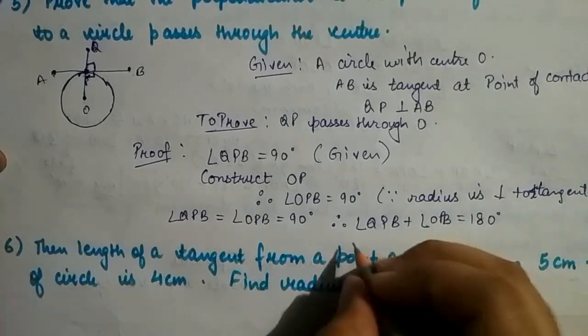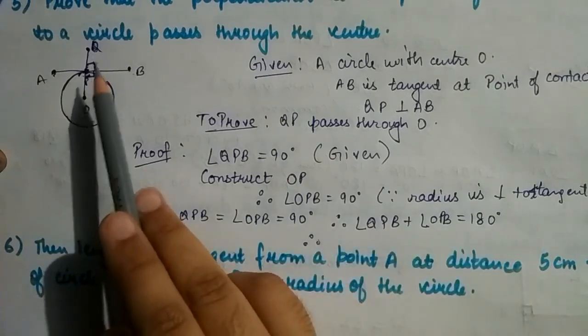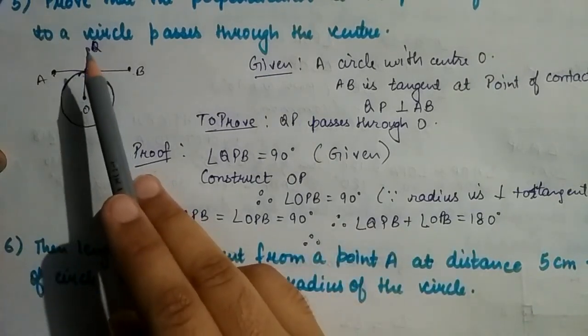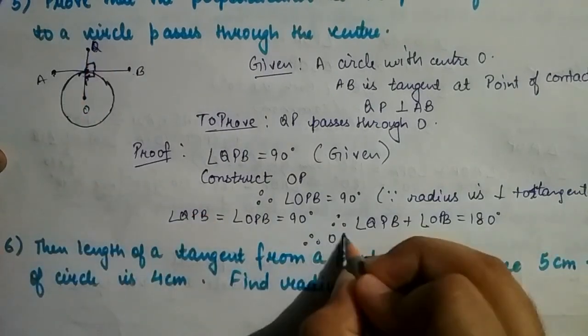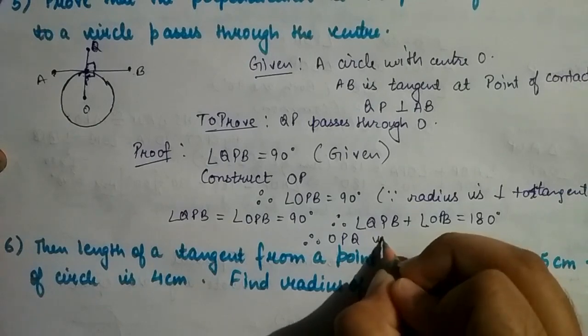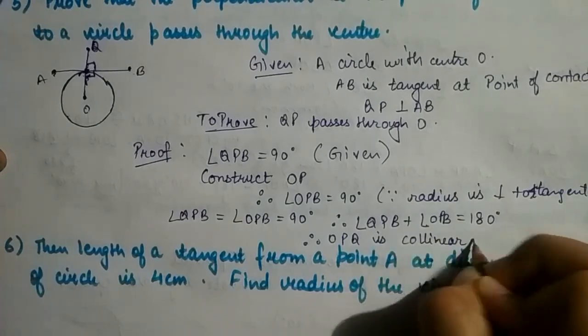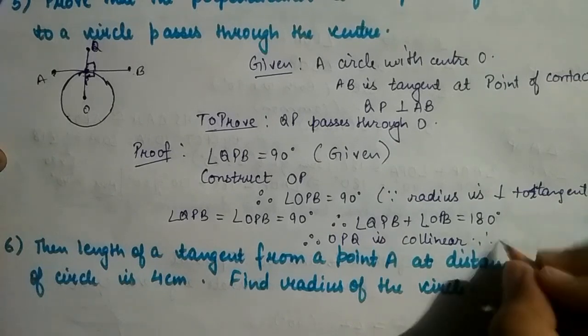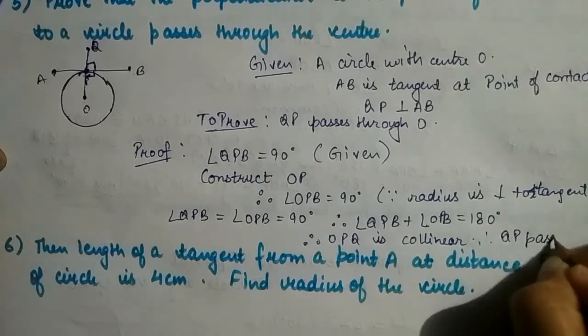This means if the sum of the angles is 180 degrees, OPQ is collinear. Therefore OPQ is collinear, and hence we will say therefore QP passes through the center.